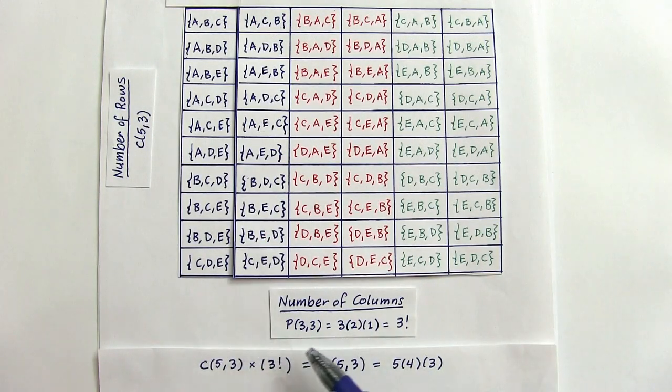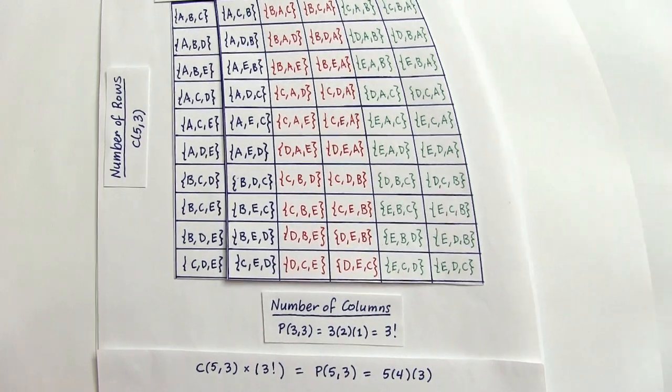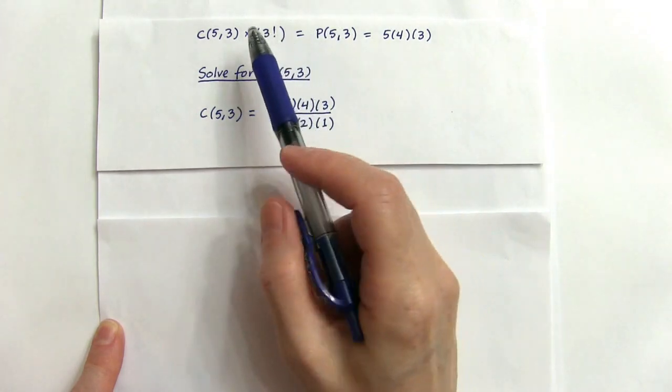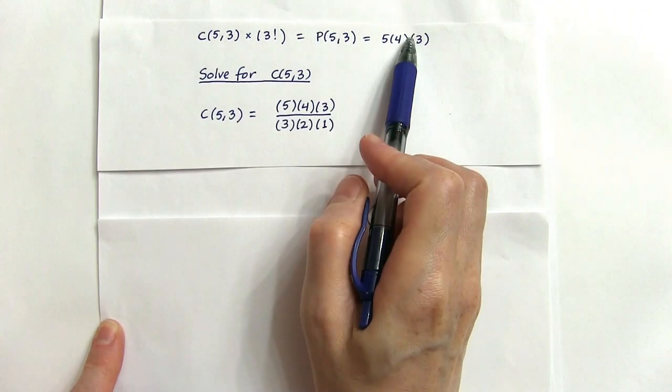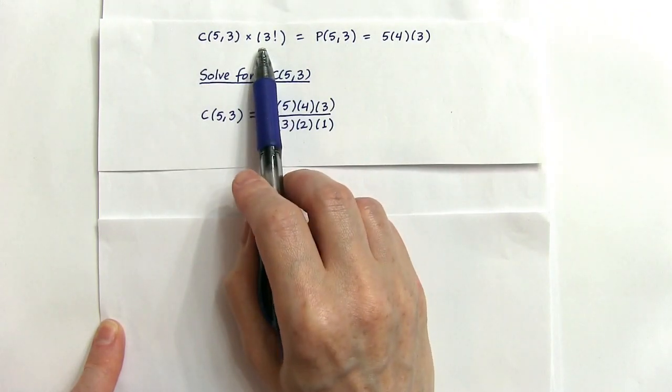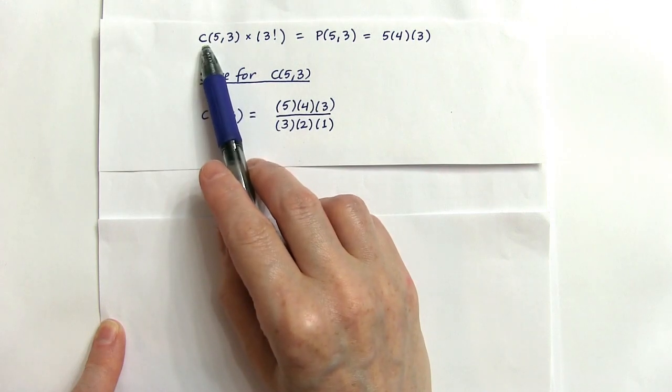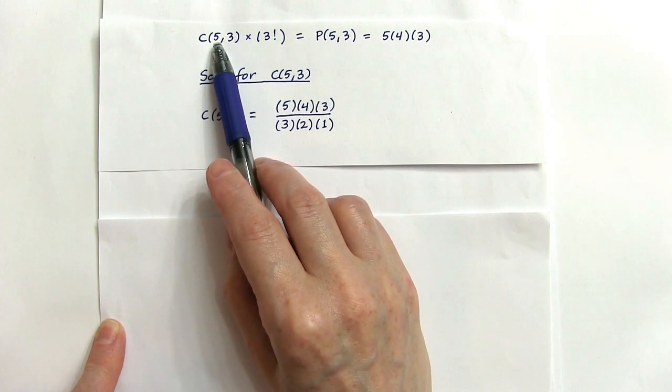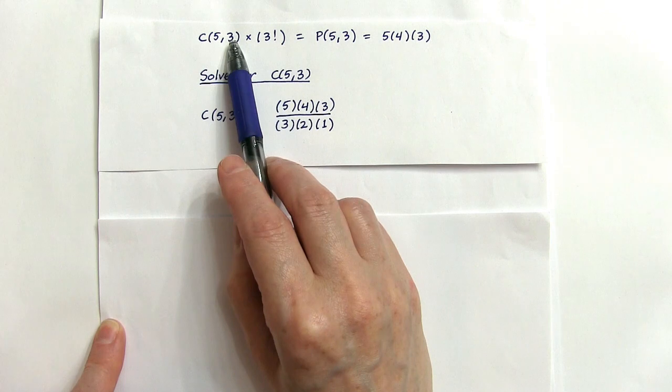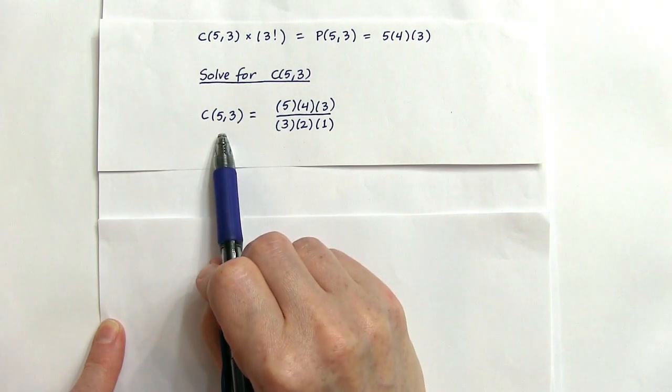So in this equation, we can solve for the number of subsets containing 3 elements by dividing this equation on both sides by 3 factorial, like this. So dividing both sides of this equation by 3 factorial, we can solve for the number of combinations of 5 distinct elements taken 3 at a time as follows.